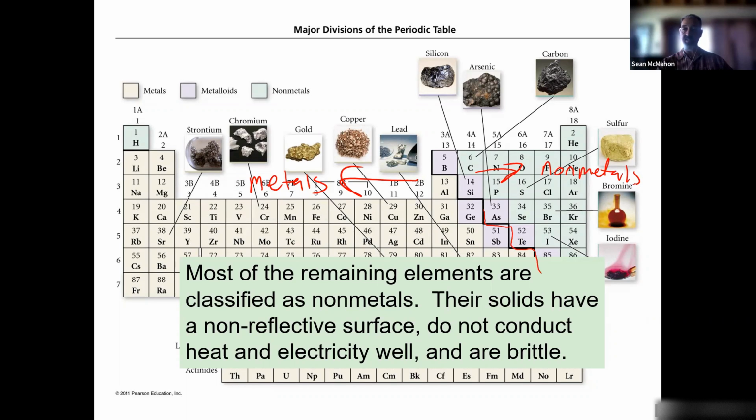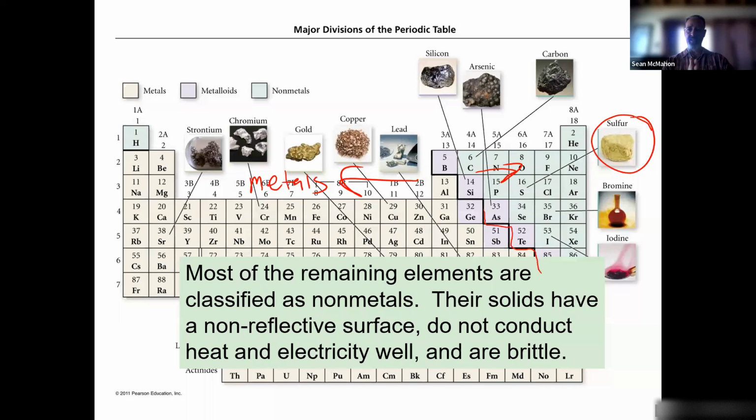If they are solids, they're not reflective. And you can see that in the case of sulfur right here, right? Most of the time, they're non-reflective. They don't conduct heat or electricity, and they're brittle if they're a solid. So I can't hammer them into shape like phosphorus or sulfur, right?